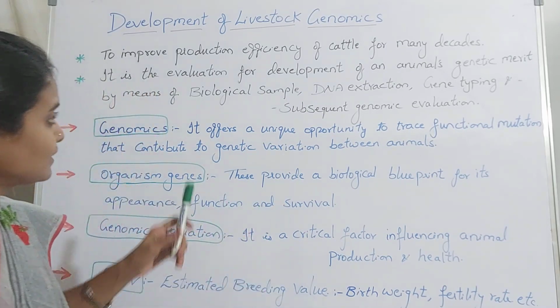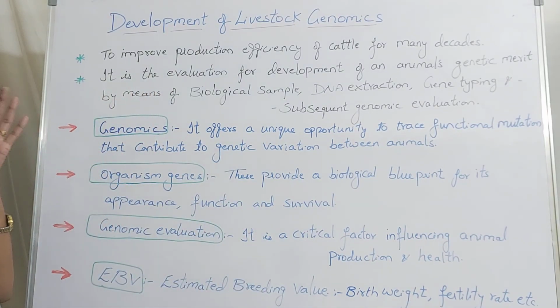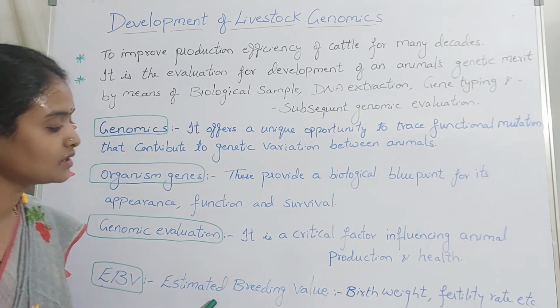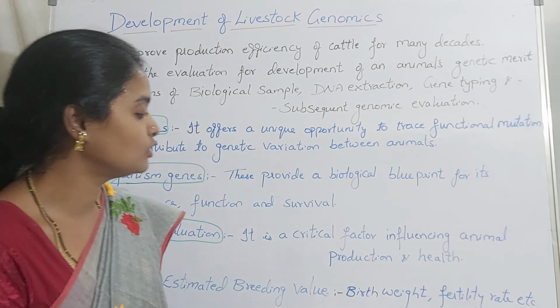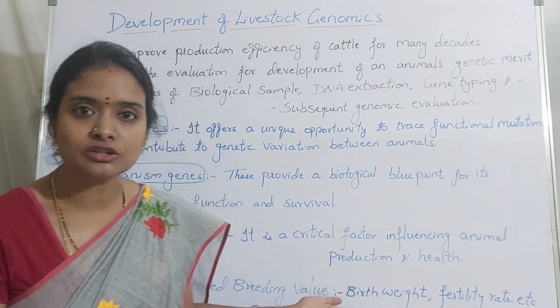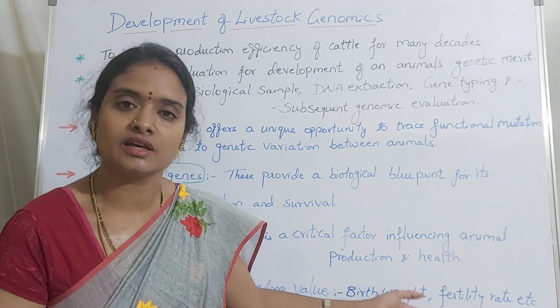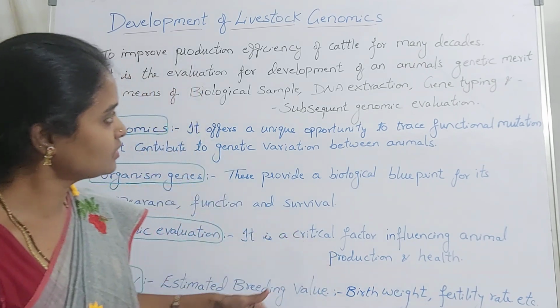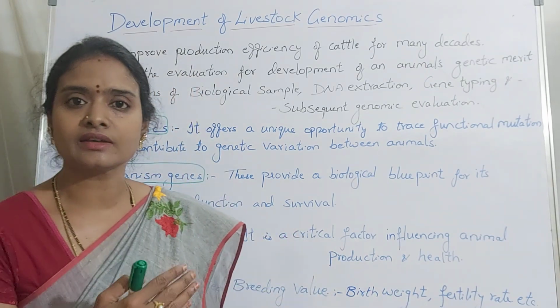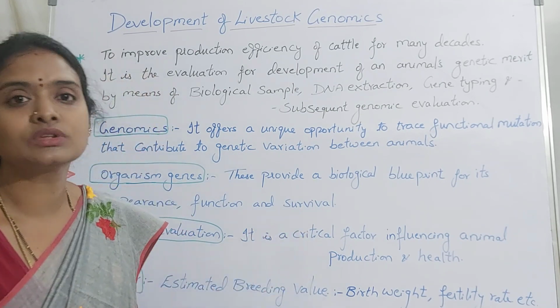So here that ranking is given mainly based on the EBV. It is a most important technique which is also referred to as the estimated breeding value technique. In the case of estimated breeding value, we check for birth weight, calving rate, fertility rate, carcass traits, etc. And based on that, we will be giving the ranking or the merit to that particular animal.